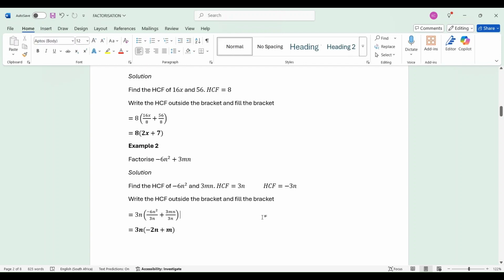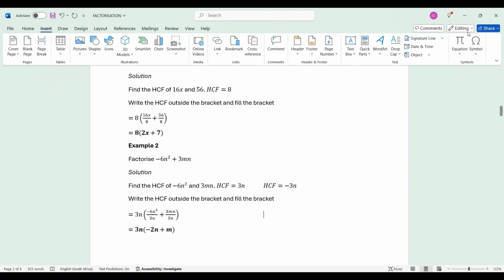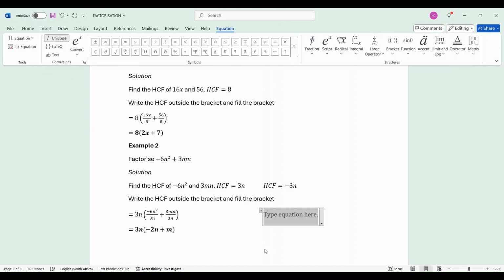So it means we'll put our factor, which is negative 3n, outside. Then we put our brackets.